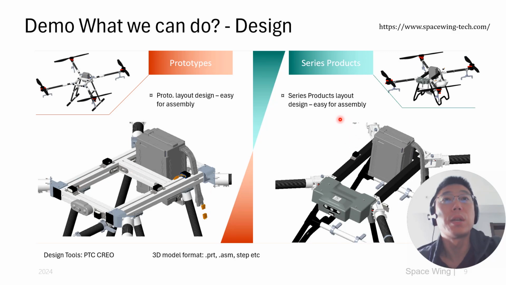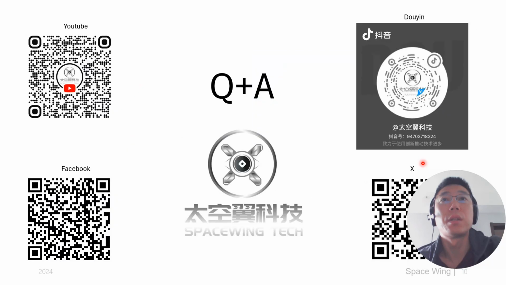For series production, it's also easy to assemble, but not easy to buy, because for this bar and this crossbar we have cast aluminum alloy to fix them, and it's difficult to buy from the market. We need to machine it.